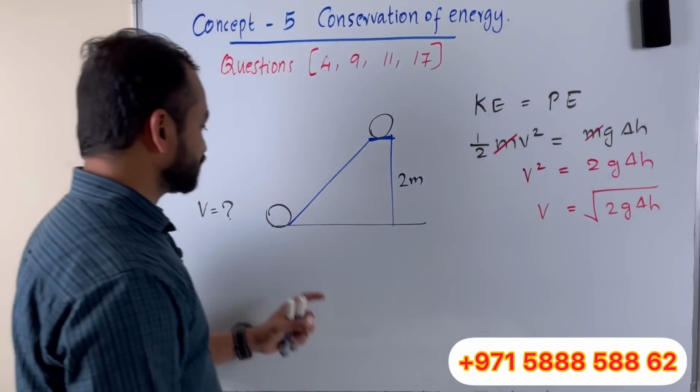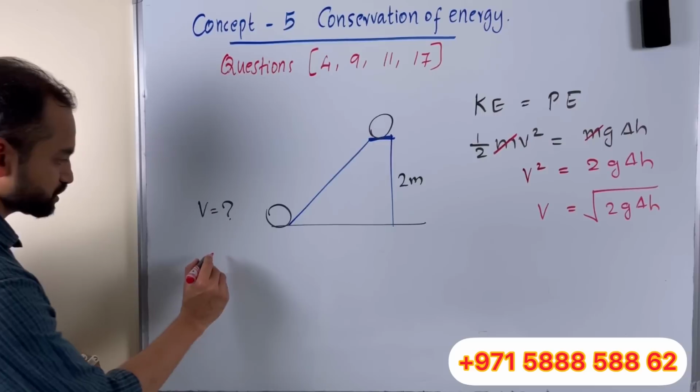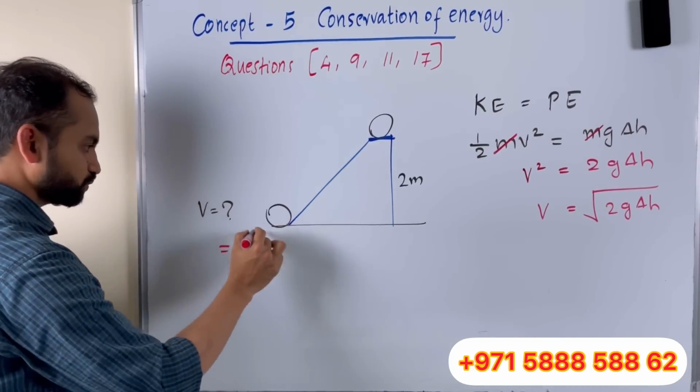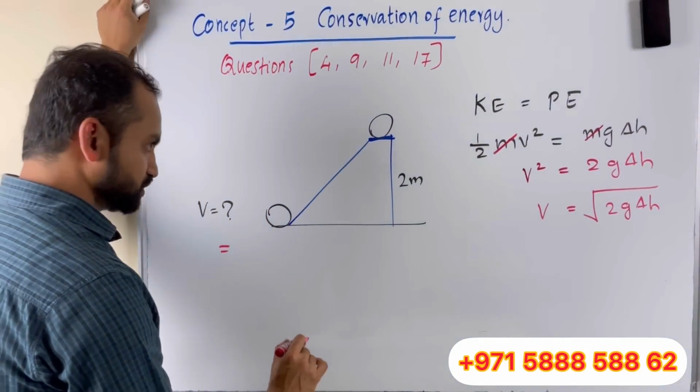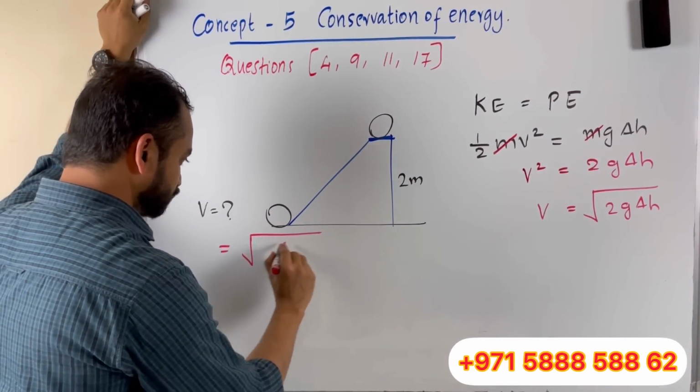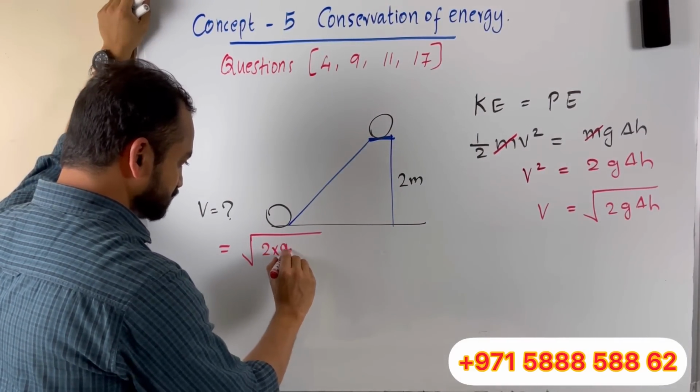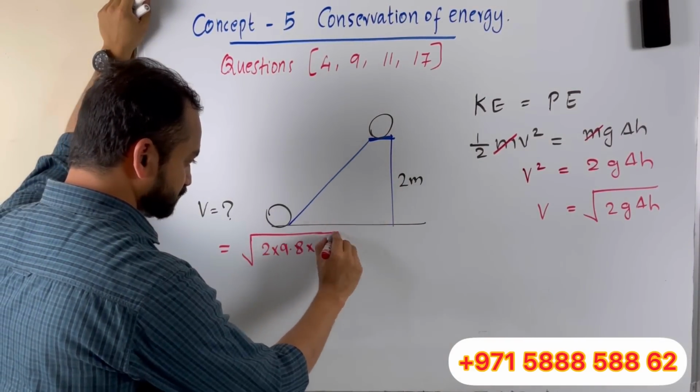So the speed of the ball when it reaches the bottom is the square root of 2 multiplied by g, which is 9.8, multiplied by the difference in height.